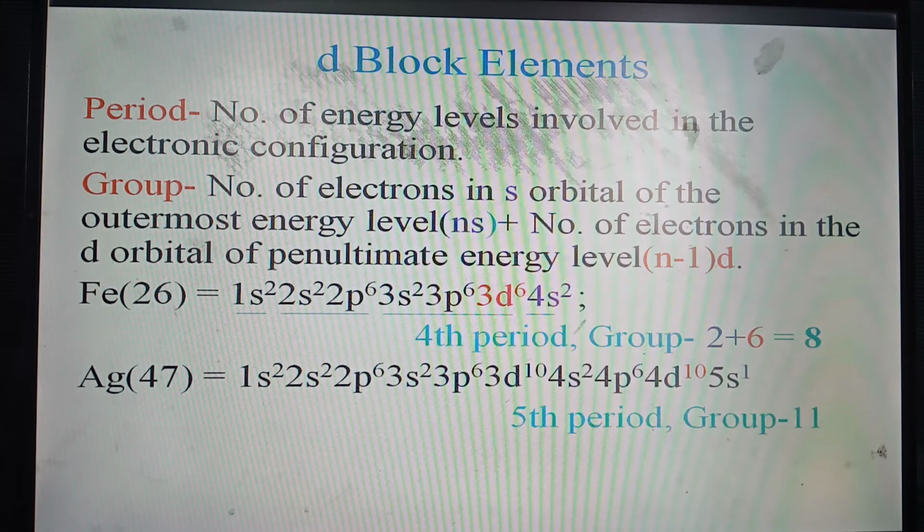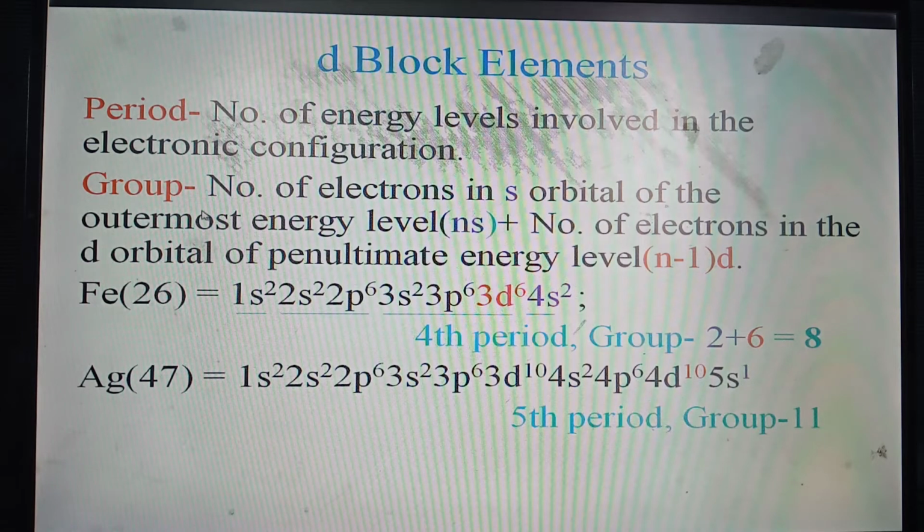In this case you must be very careful because the process of determining the group number is somewhat complicated here, so be very attentive. But the process of determining the period is just like the s block elements and p block elements, that is the number of energy levels involved in the electronic configuration is equal to the period number.